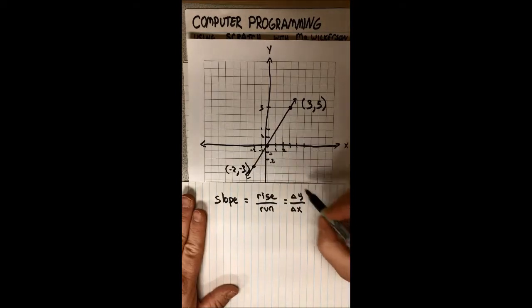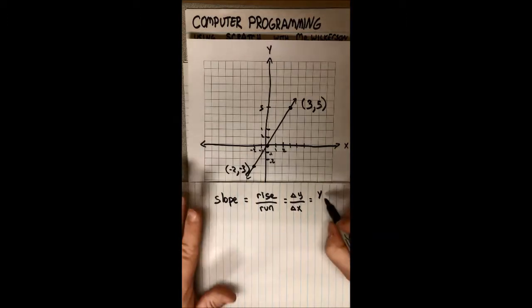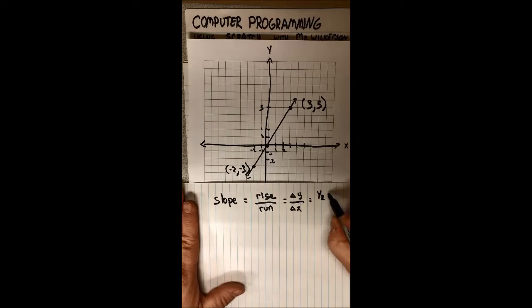So the way we do that is that we take the first point and we take away, so it's the first, well actually the way they define it is the second y coordinate take away the first y coordinate. All right, y sub 2 take away y sub 1.